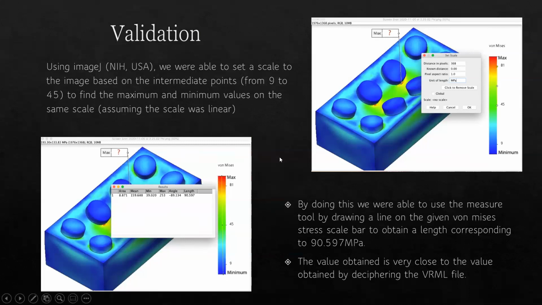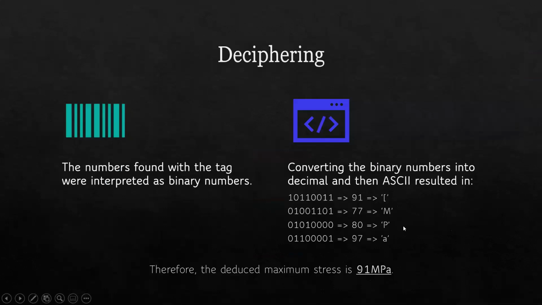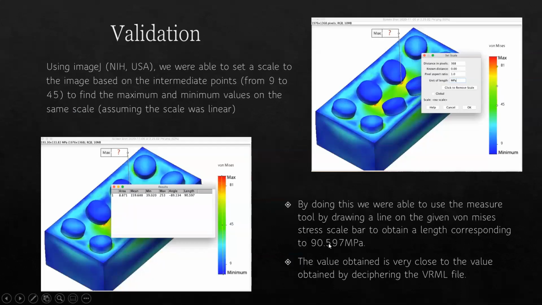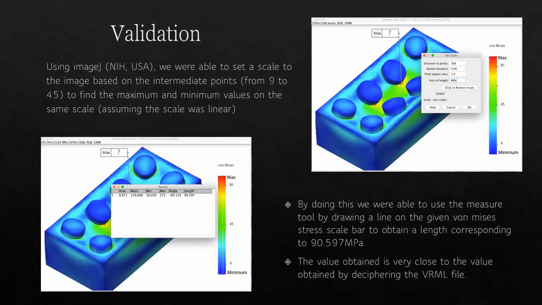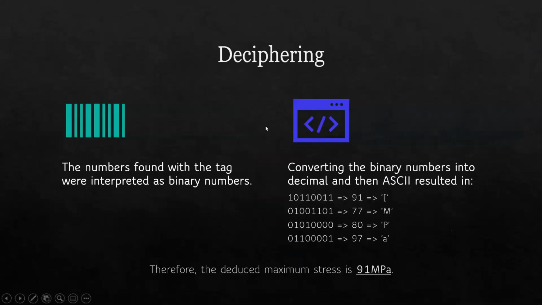And it was pretty close to the value that we deciphered, which was 50.59 from the image processing, and 91 megapascal from deciphering. And again, there is no way we could find out the units from this method. So the deciphering was the right way to go about it for this part.